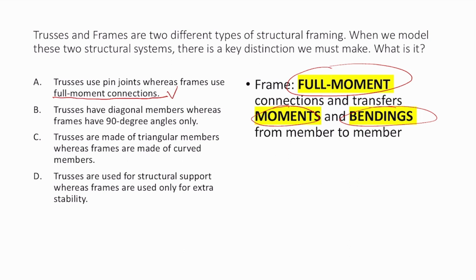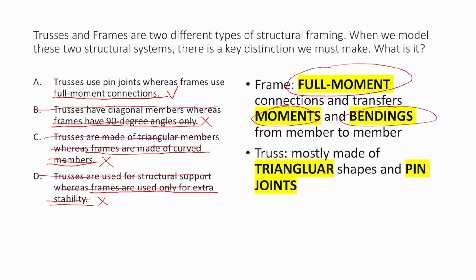The second one says frames have 90 degree angles only. It's not true. The third one says frames are made of curved members, which wasn't stated in there, so it's not true. The last one says frames are used only for extra stability, which is also not true.